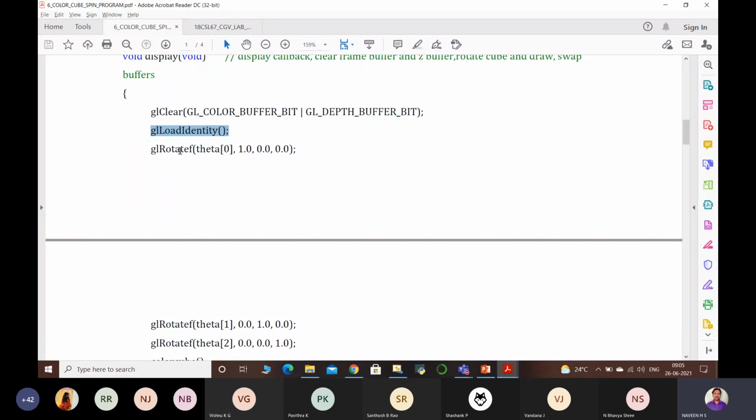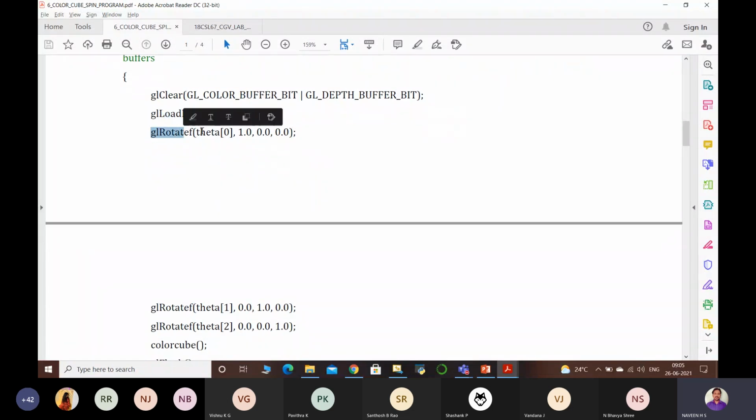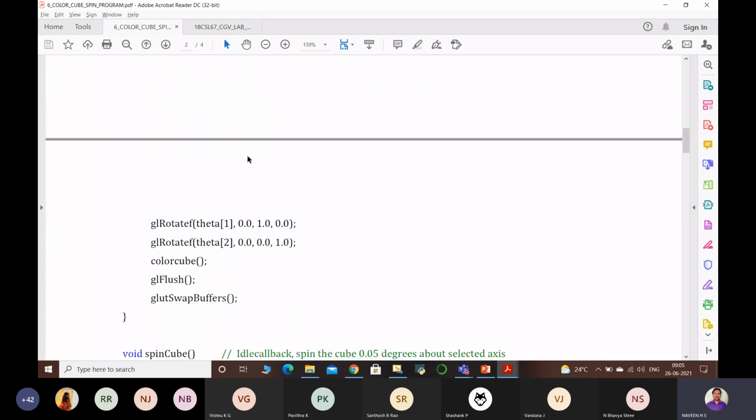We use rotate because we have to spin the cube. That's why we are using the glRotate function with theta of 0, because we are dealing with three axes: theta of 0, theta of 1, theta of 2, with respect to the x axis, y axis or z axis. That is the rotate function we use, depending on which axis you are going to spin your cube.